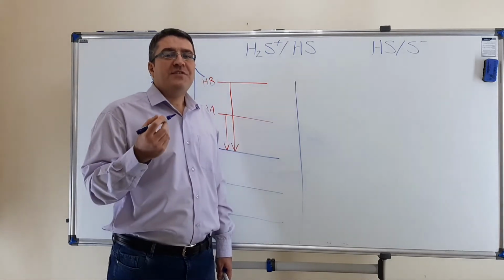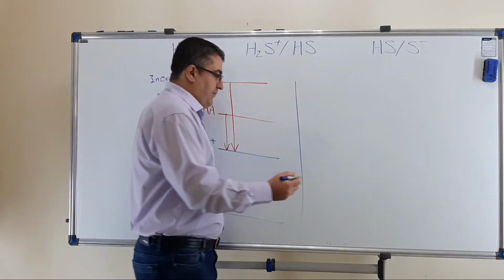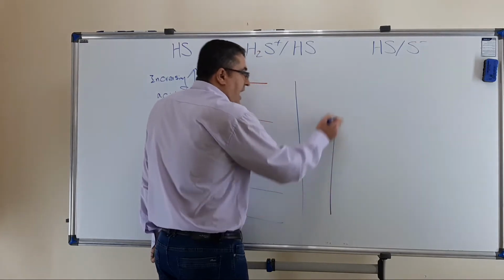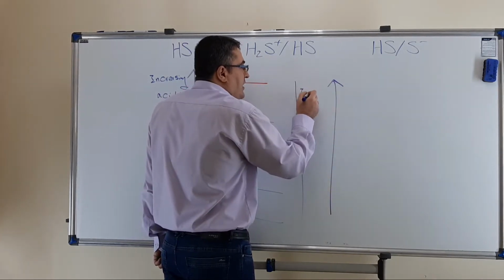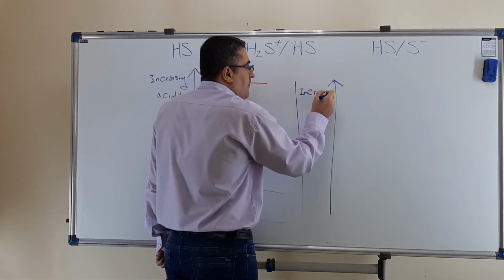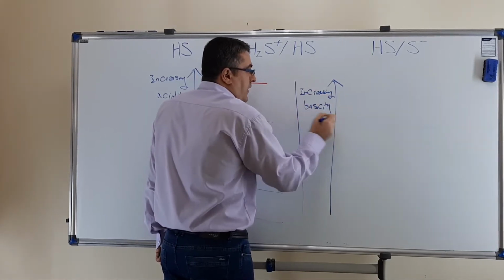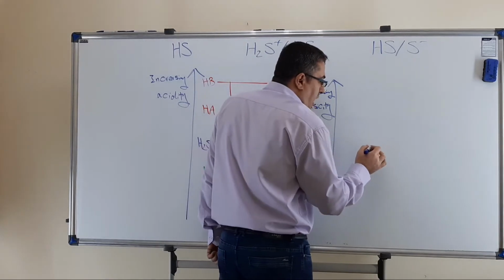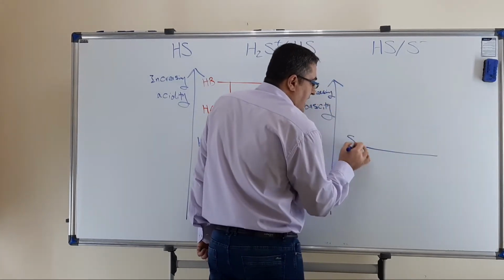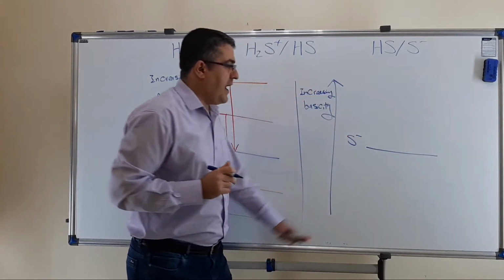We may represent this graphically as follows. Consider that in this graph, basicity increases from bottom to top. And the basicity of the conjugate base of the solvent is located here.